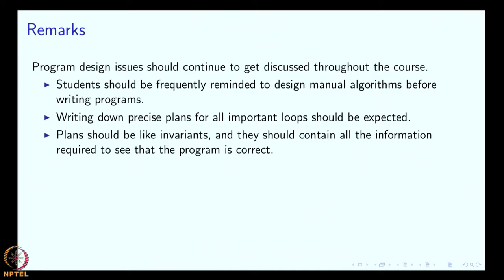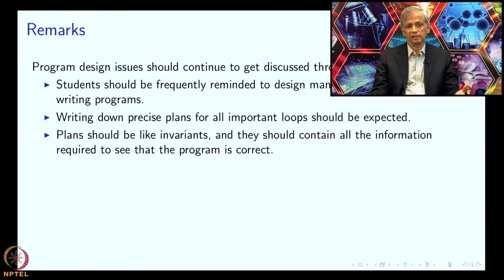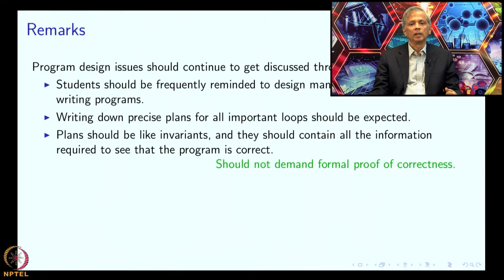This takes some thinking, but at least you can ask the students, look, is this variable changing? Then why isn't that change reflected in the plan that you have put in? We cannot demand a formal proof of correctness because that is quite laborious. But at least the thought that went into the design must have been something like: in this iteration I will calculate this.